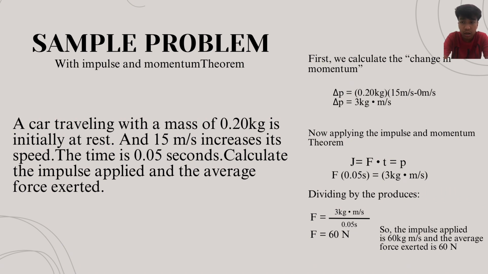Dividing by the time, F is equal to 3 kg times meter per second divided by 0.05 seconds. So, the final answer is F is equal to 60 newtons. So, the impulse applied is 3 kilogram meter per second and the average force exerted is 60 newtons.